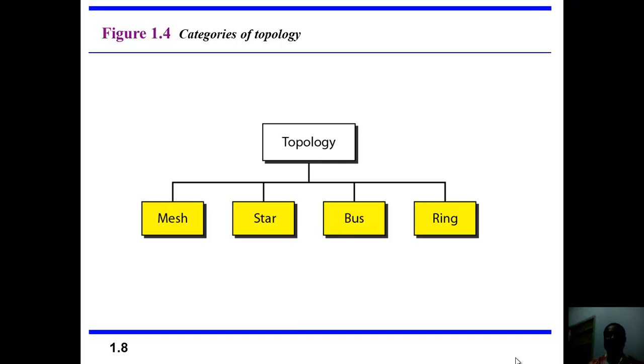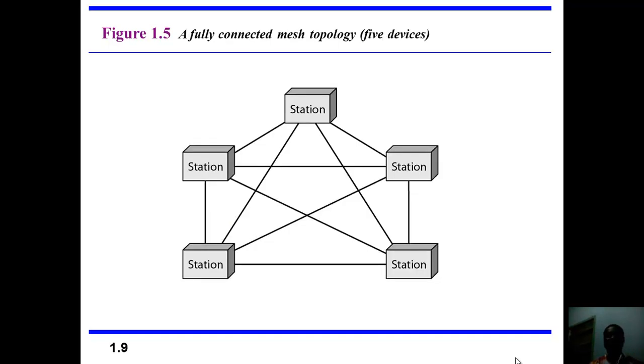One that didn't appear here, we call it the hybrid. That is when you combine any two or more of these, they form what we call a hybrid. A tree topology is an example of a hybrid network. Let's look at them one after the other.